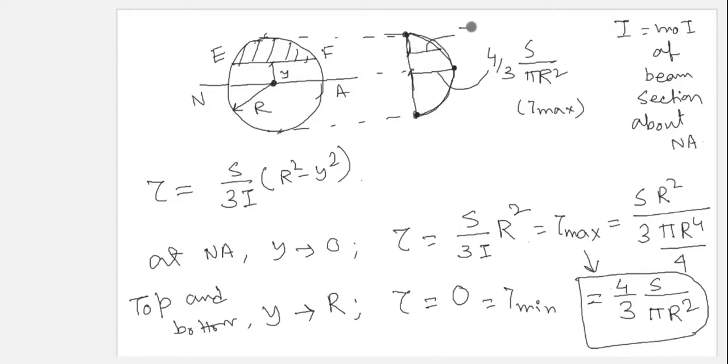Here it will be simply the Y part. Now last time for the rectangular part we showed the relationship between the tau max and the tau average. If we want to do the same here, what will be the relation?